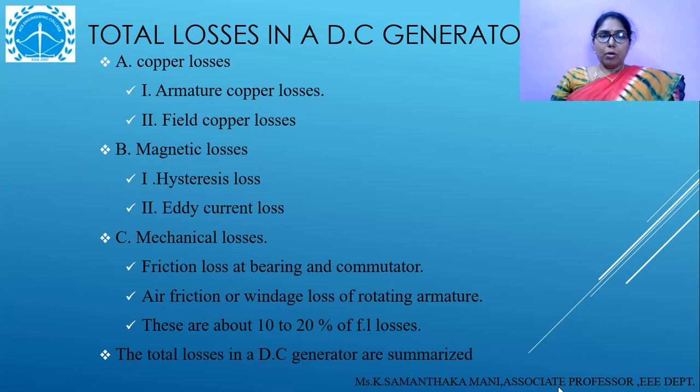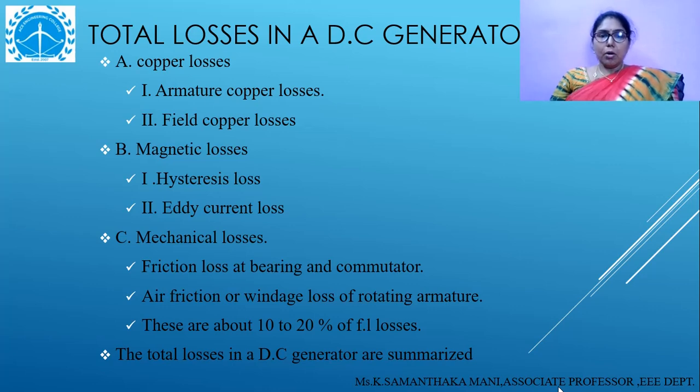Coming to the magnetic losses, in the DC generator the armature is rotating. The armature of the DC generator is made with a magnetic material, nothing but iron. So, this iron material will have hysteresis losses depending on its hysteresis loop, which is the characteristic of the material. And one more loss is called eddy current loss.